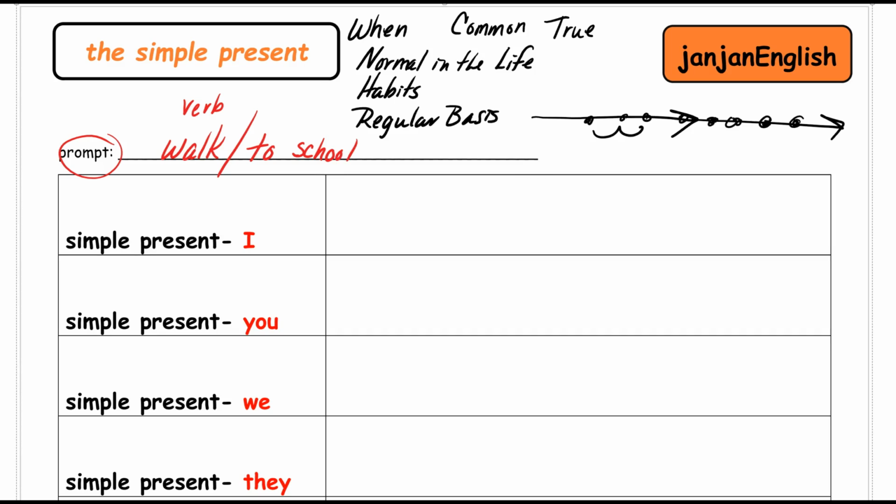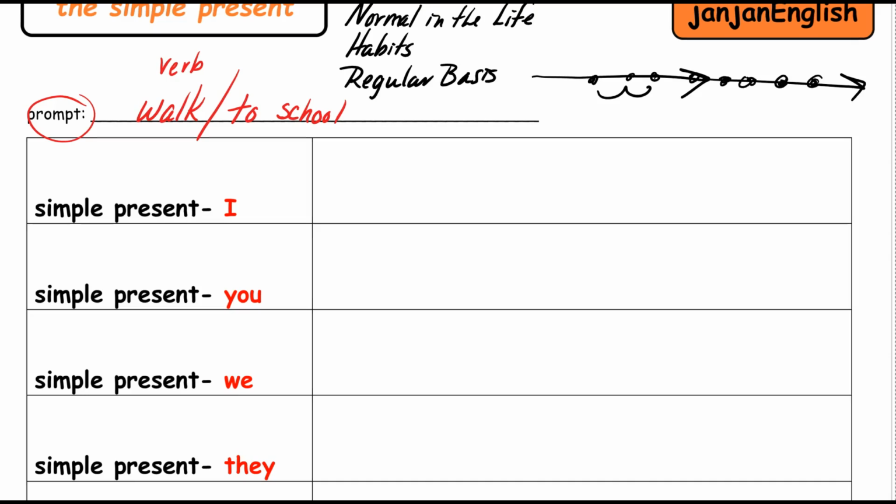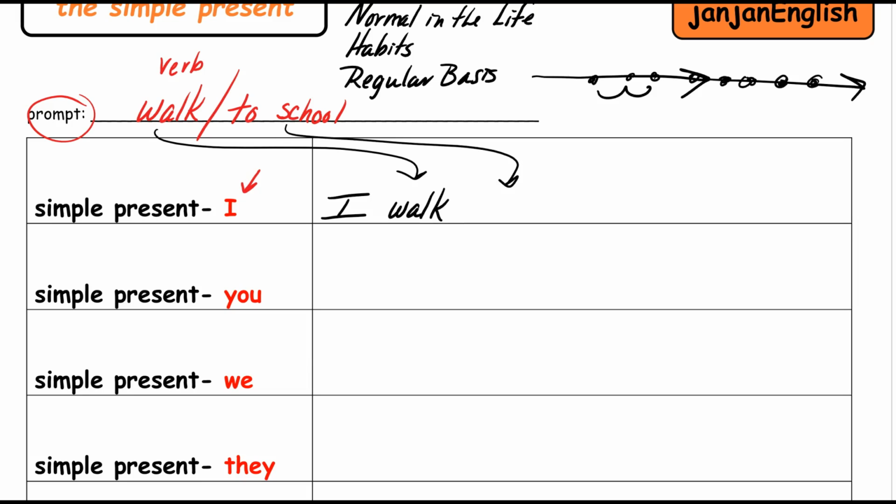Okay? All right, so the first person we're going to look at, how do we write the simple present tense with the person I? We'll start out with I. And then the verb is walk. I walk. And then where do I walk? To school. I walk to school.